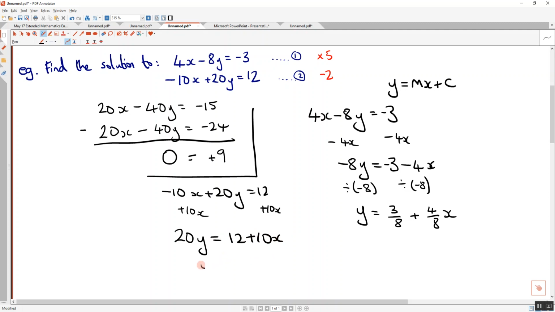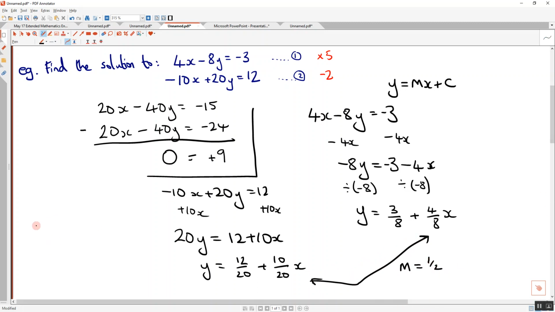Divide both sides by 20. I end up with 12 over 20 plus 10 over 20x. What is the gradient for this one? 1/2. Right, the gradient for both of these is the same, okay? So that verifies it. Right, so this tells us that the lines are parallel.